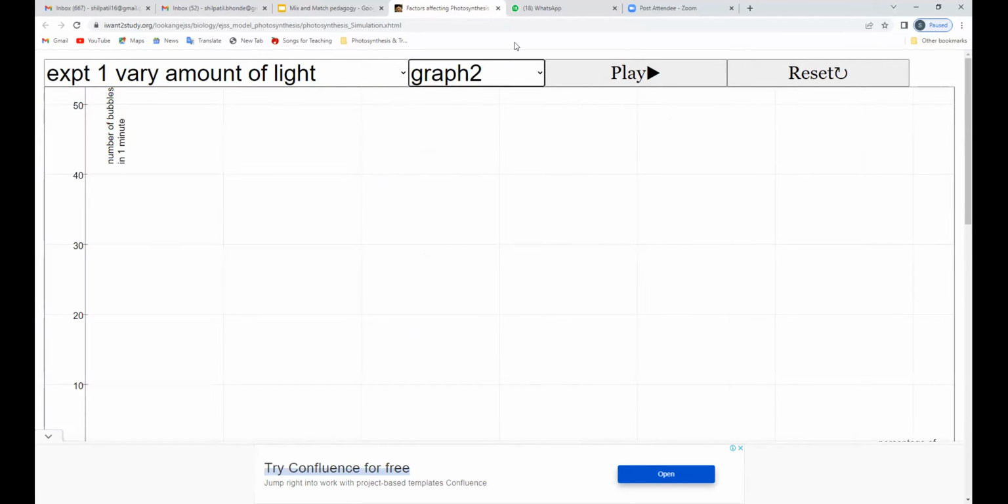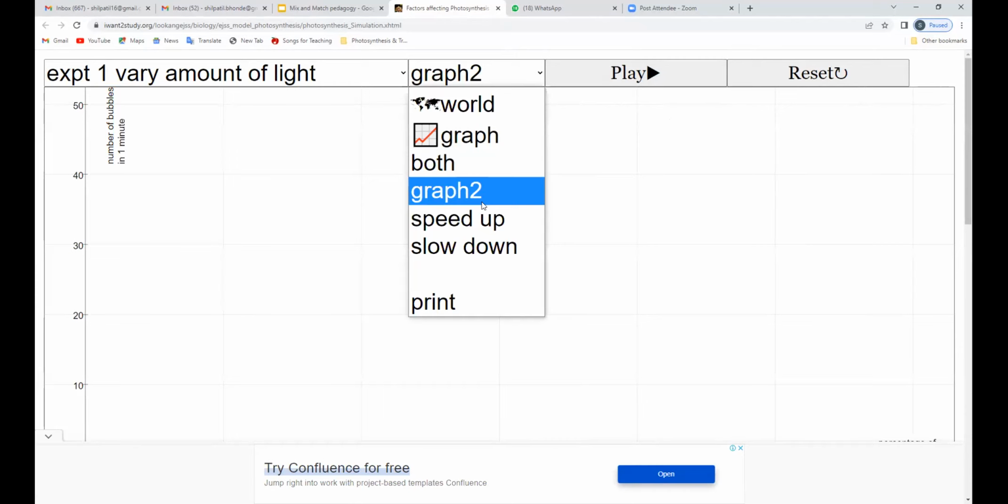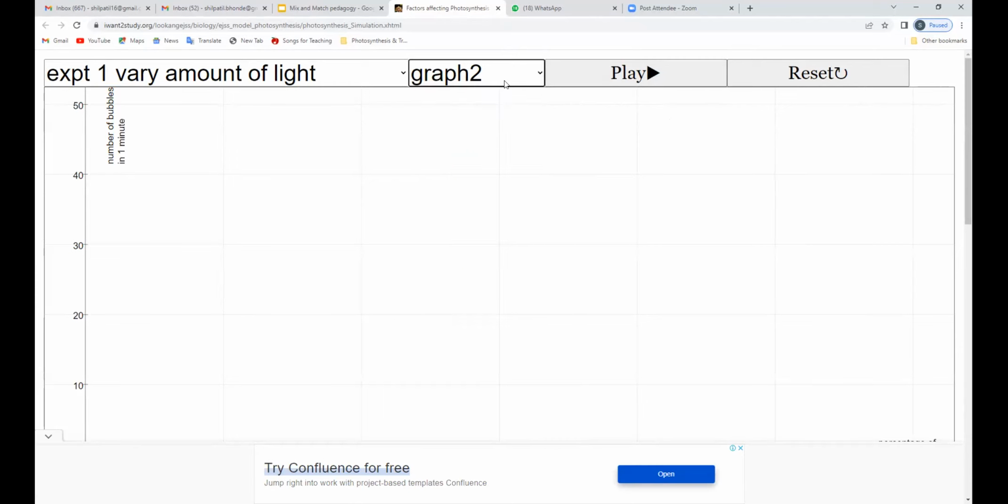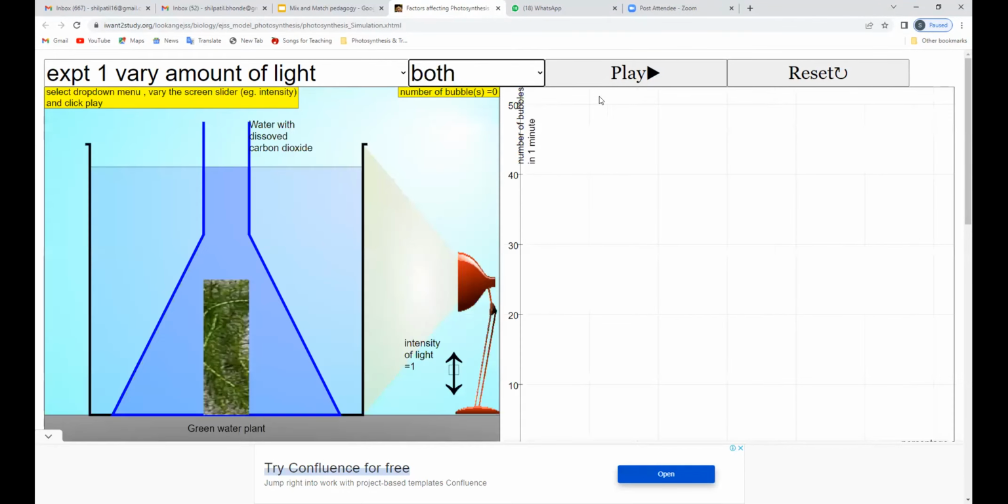Then graph 2. Then we can speed this up, or slow it down. So we will use both parts and we will play. Here students can see that from the plant, oxygen is releasing as a gas. Water is here where carbon dioxide is dissolved, and this is a source of light.